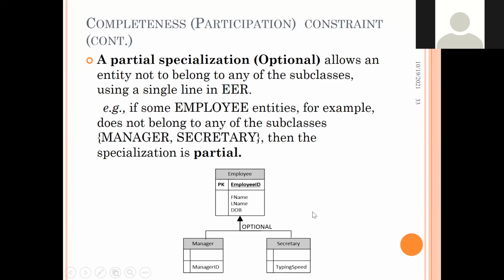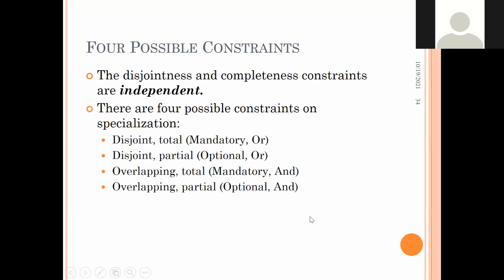So in this case, you can have an employee. It's optional for this particular superclass to be a manager and a secretary. So in other words, you can just be an employee when you're not a manager or when you're not a secretary. That is the optional participation.